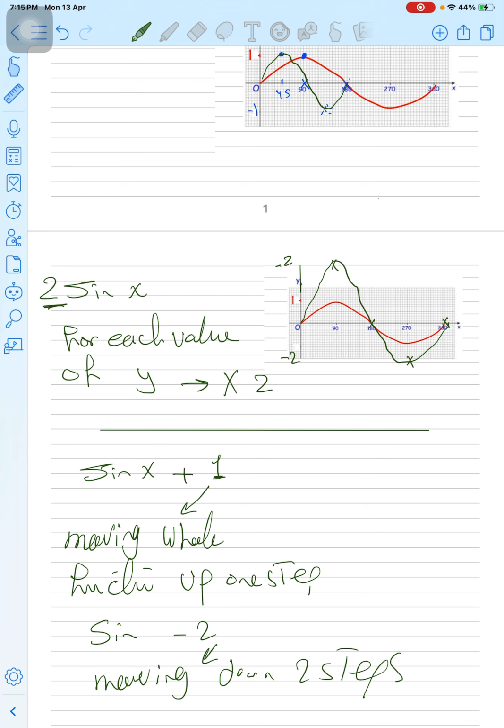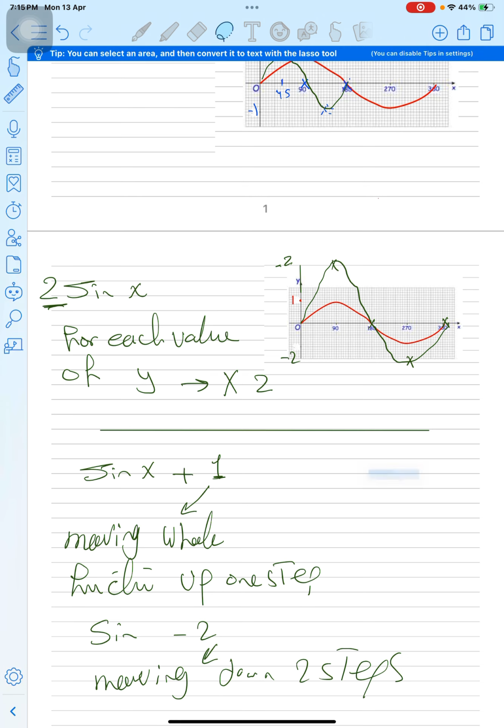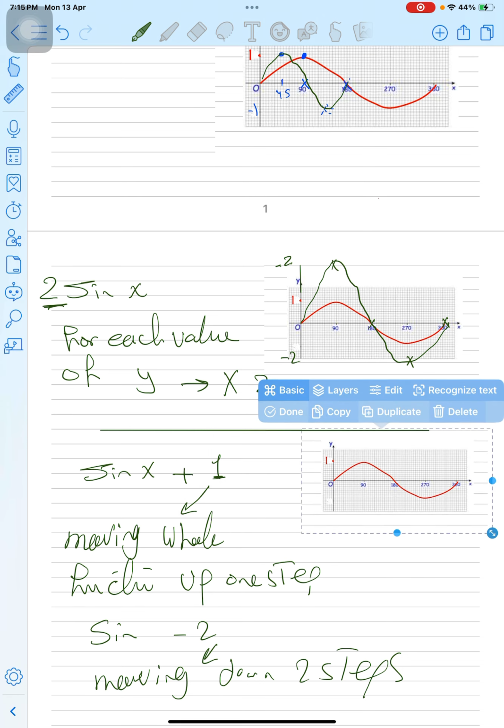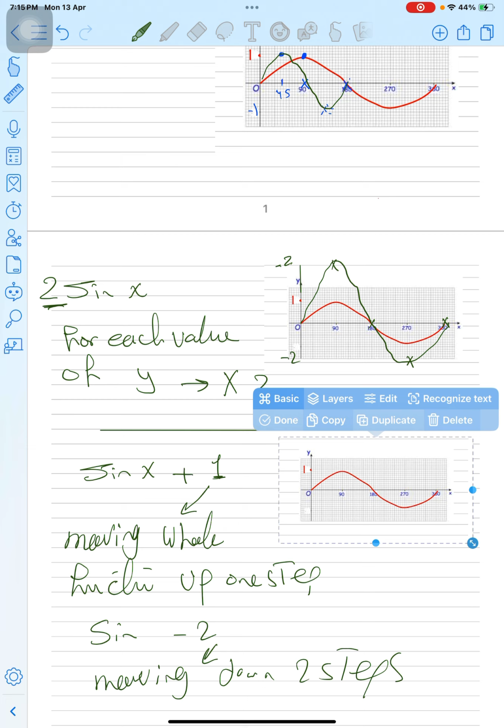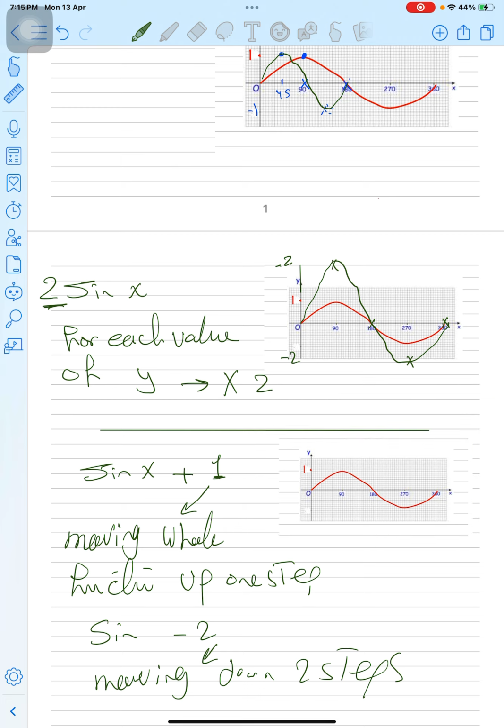So let's think about this one. I will write it here. Look here at the whole function. So if I draw the whole function, as long as I said plus 1, the first point, instead of 0 and 0, it will be 0 and 1 because I'm moving up. This is 90 here.